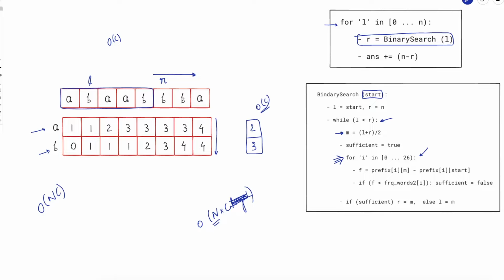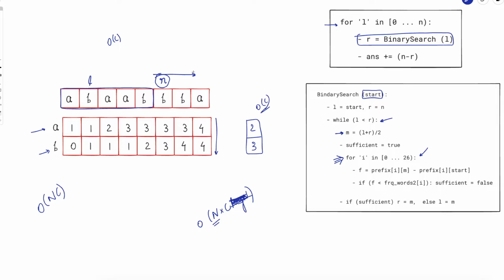Okay, so the next approach is we will remove this log n because we know that in this particular scenario R follows an increasing path for increasing L, right? If that would not have been the case, you would not be able to remove this binary search at all. But in this scenario, it is true, and hence we can remove the binary search as well.